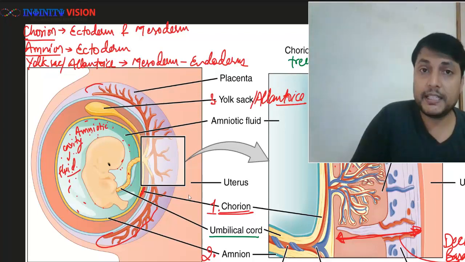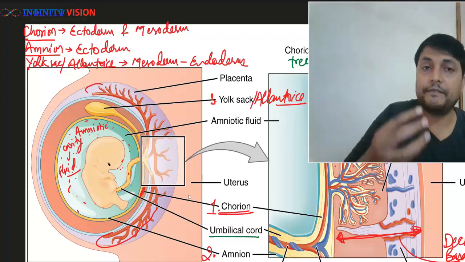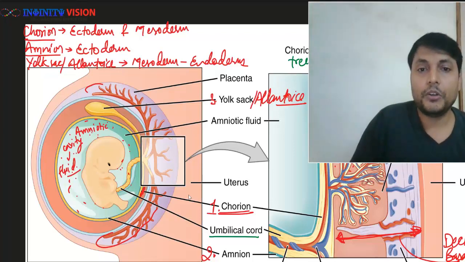If there is no yolk, alecithal. If there is very small amount of yolk, microlecithal. If there is moderate amount of yolk, mesolecithal. And if there is large amount of yolk, we call it megalecithal eggs, such as the eggs of birds or reptiles, because they have a large amount of yolk in them.